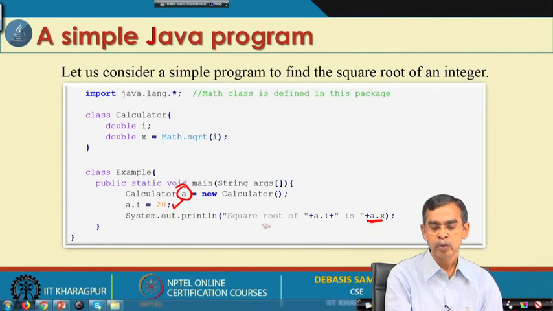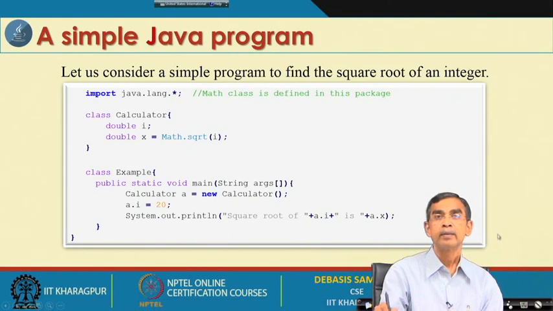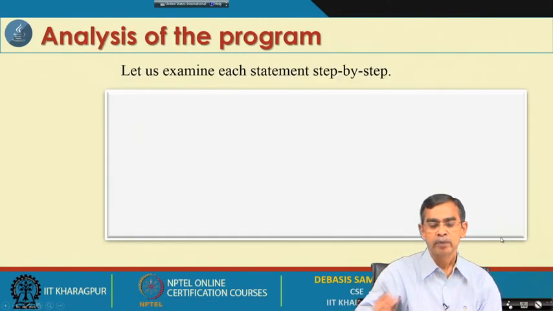So, it is the square root of a.i, which in this case is 20. If you run this program, it will print the square root of 20.